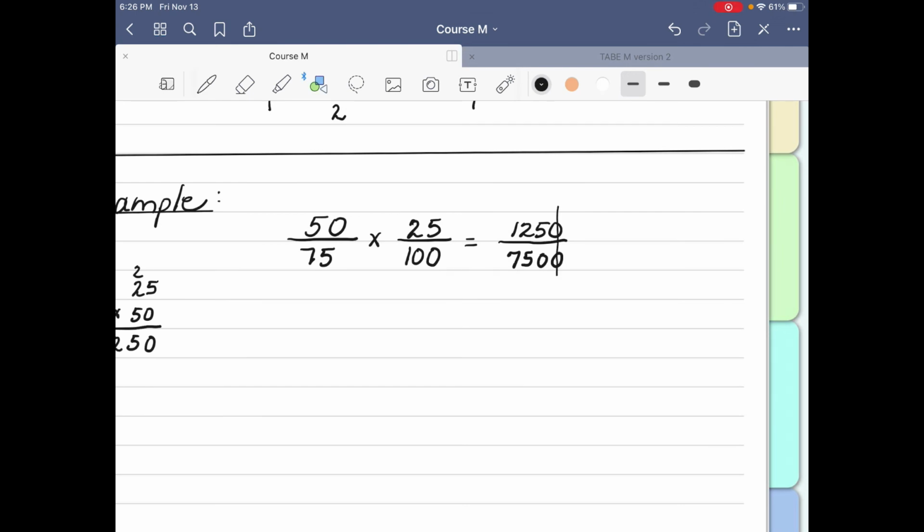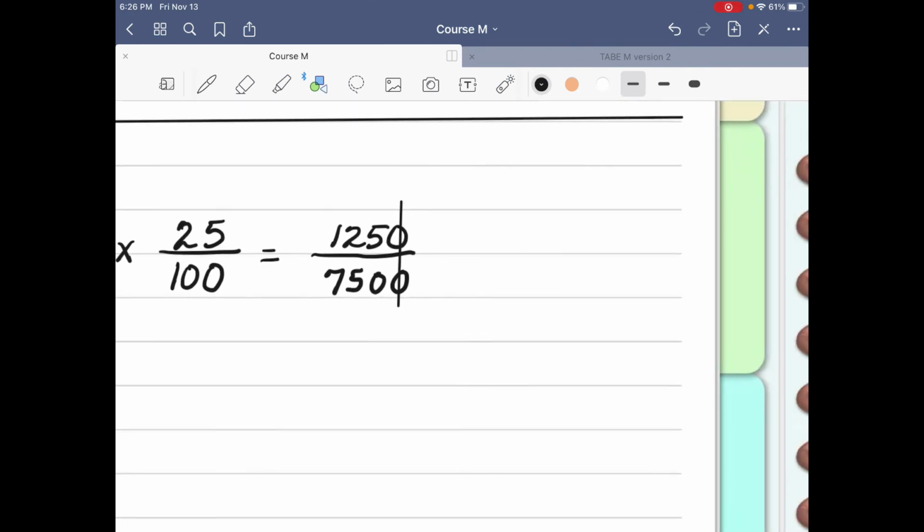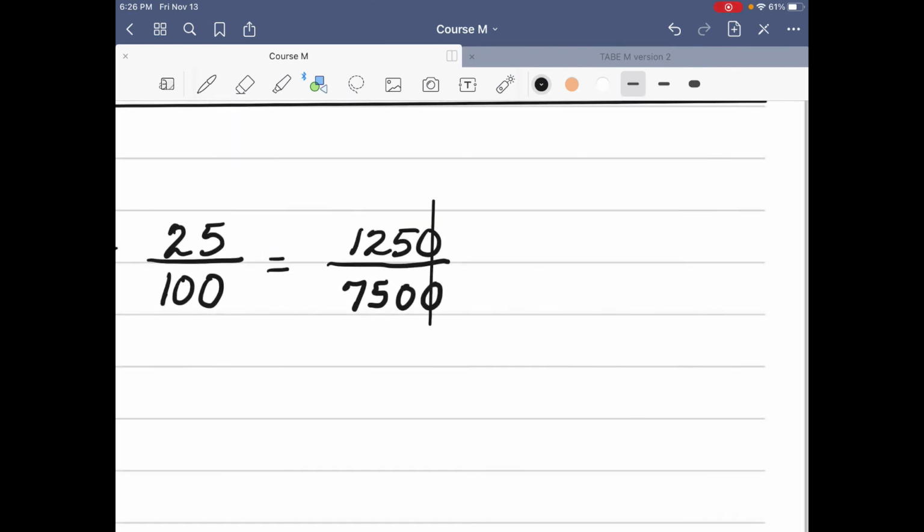I can take a set of zeros off, but that is still a lot to simplify. I'm going to do it by 25. I think of money, quarters and dollars and those things. That helps me.